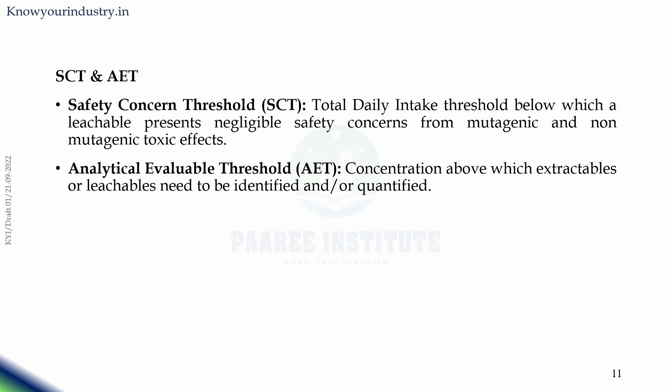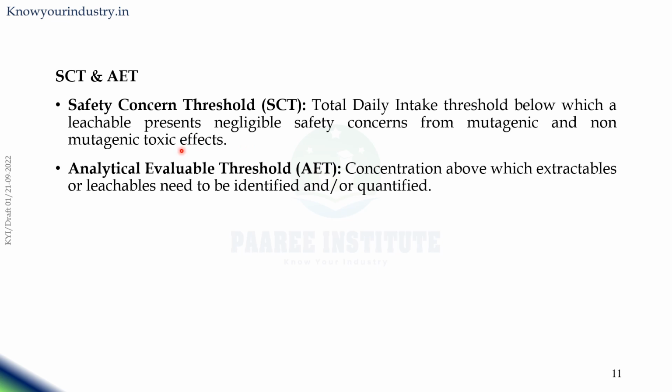When you understand extractable leachables, it is important to understand parallelly what is safety concern threshold and what is analytical evaluation threshold. So the safety concern threshold is nothing but the total daily intake threshold below which a leachable presents negligible safety concerns from mutagenic and non-mutagenic toxic effects.